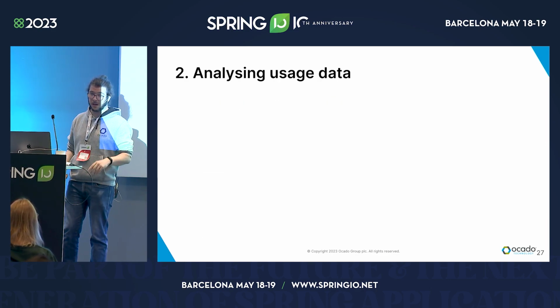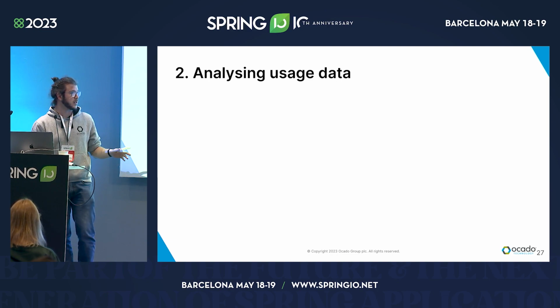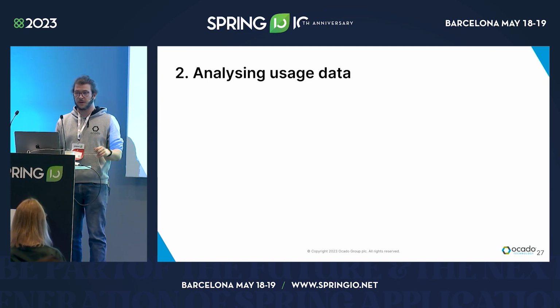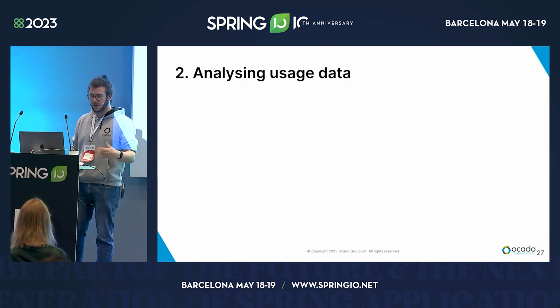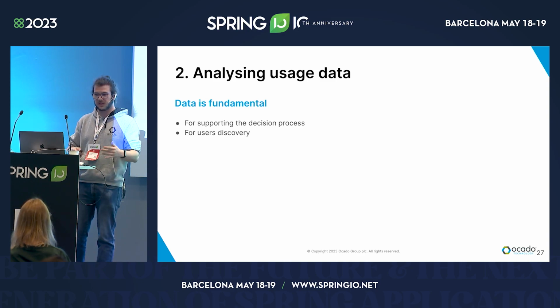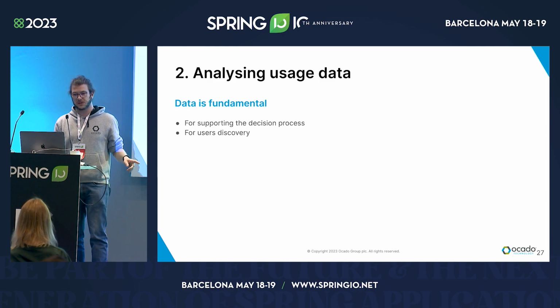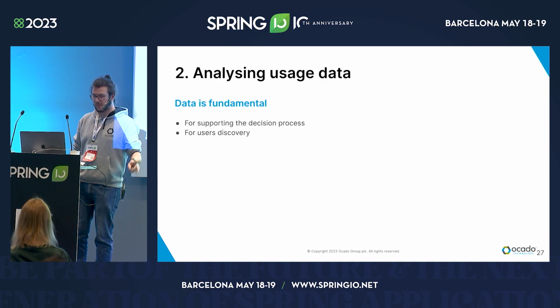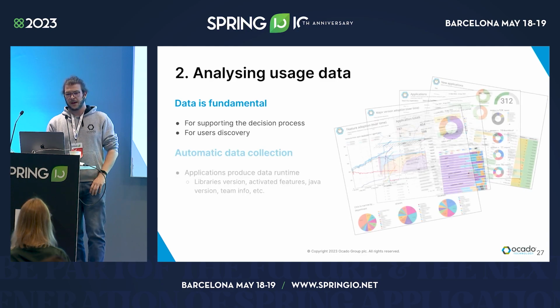The second, and one of the most important, I guess, is analyzing usage data. Being able to analyze usage data is very important for at least two reasons. For supporting the decision process, so every time we need to decide something, we always check the data, and also for user discovery. I will tell you later a bit how we use data for user discovery and why.